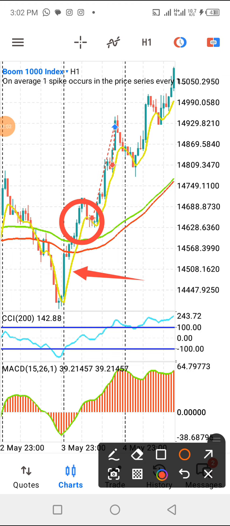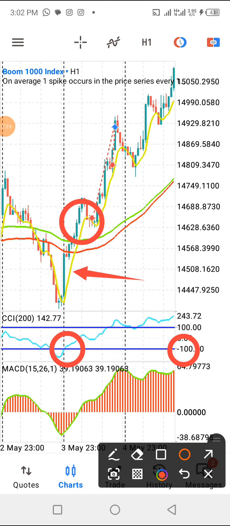Then in the window 1, we should also see your CCI crossing above level negative 100. It should be closing above negative 100. That is the best time to take entry, because that is when the trend is just starting. That is 2.